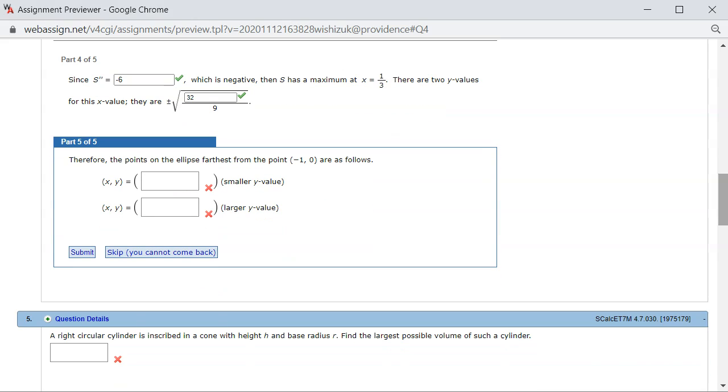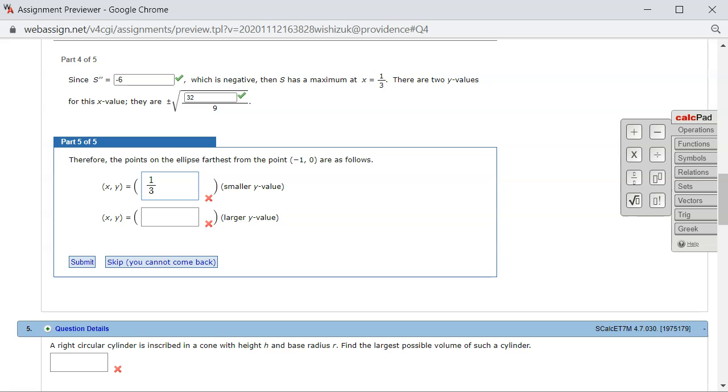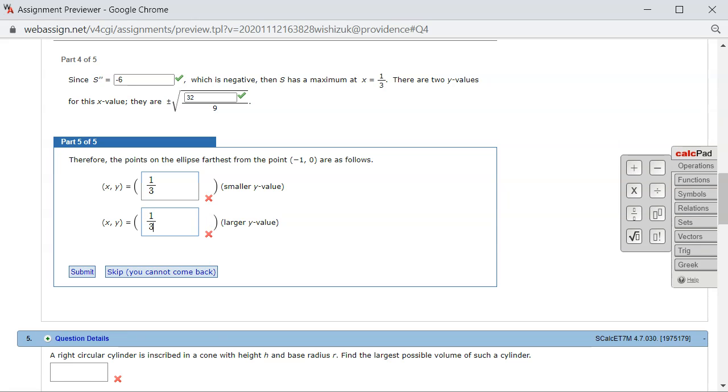All right, so last part. We know that x is 1/3 and 1/3. The larger y value is the positive version, so it's going to be 4 square root of 2 divided by 3.